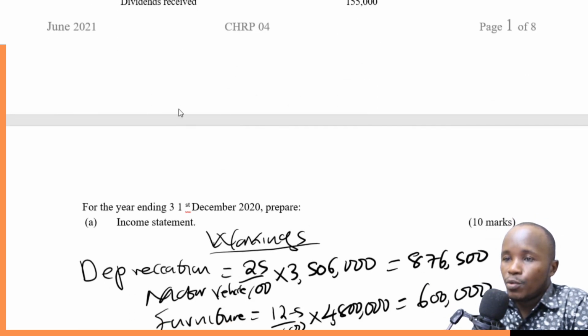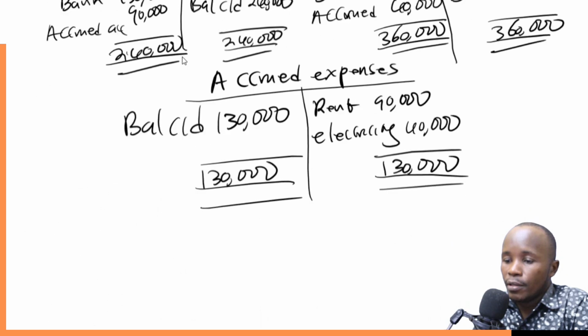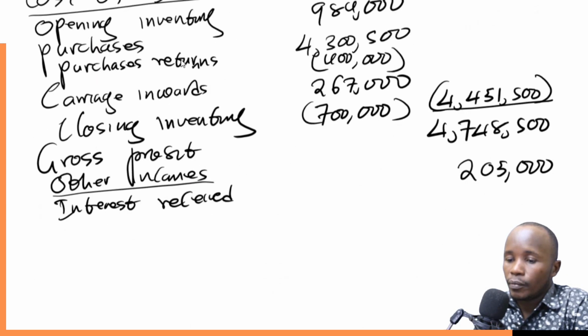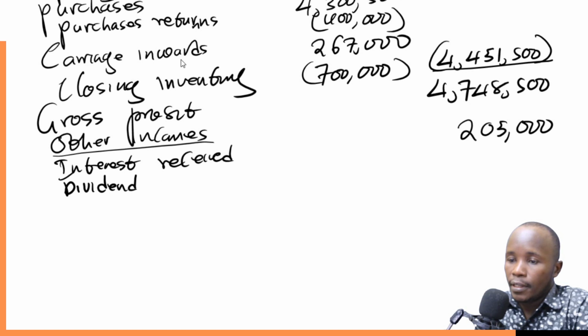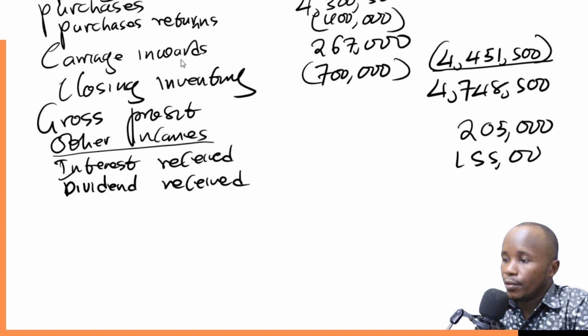So in this case you have this dividend received. The other incomes, you come and bring them here. So we have dividends received, that is 155,000.